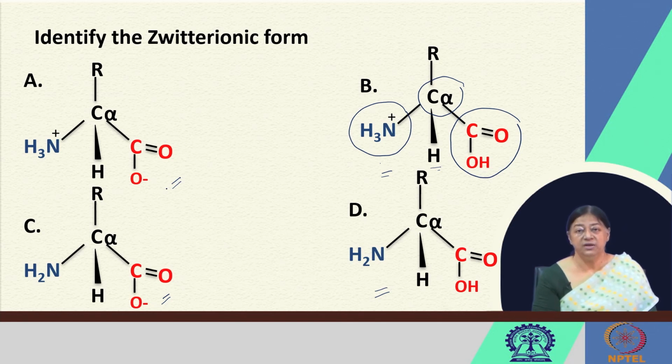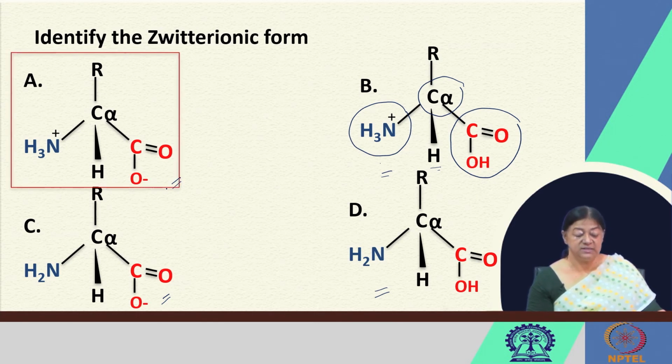But a zwitterionic form usually means the option where we have the charges in a manner that would be at a pH of 7. So, we have this form that would be the zwitterionic form.